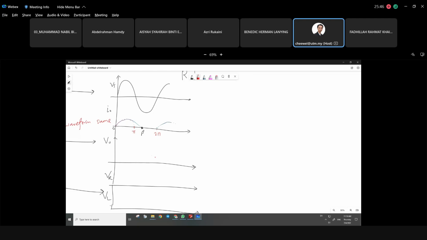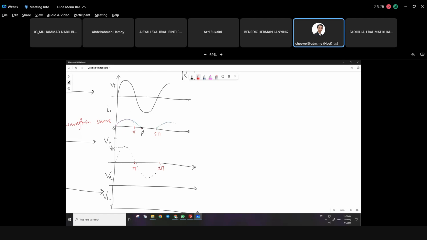Now, having the waveform of the IL, then we can plot again the waveform of the output voltage. Okay, the output voltage is, yes, that is Vm, the peak voltage. Okay, so when the current is flowing and then it stops at beta, you expect the waveform will stop at beta, right? Same.